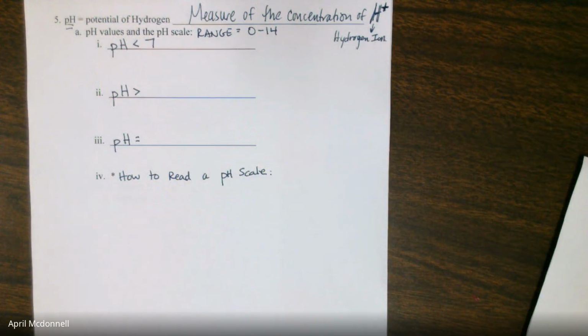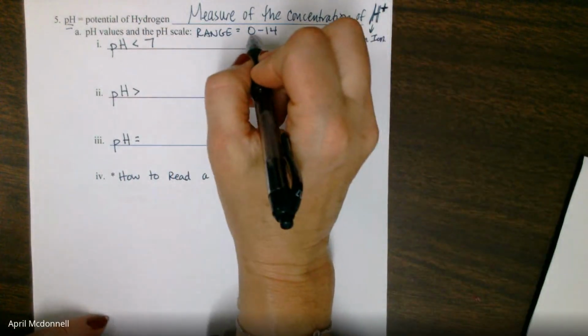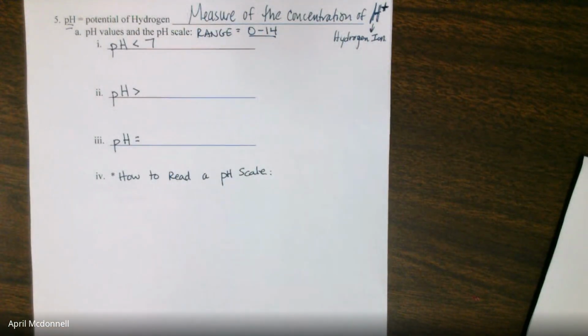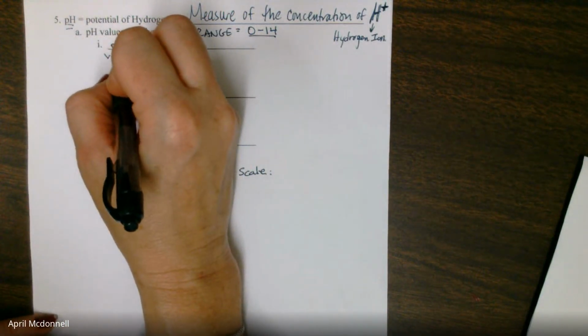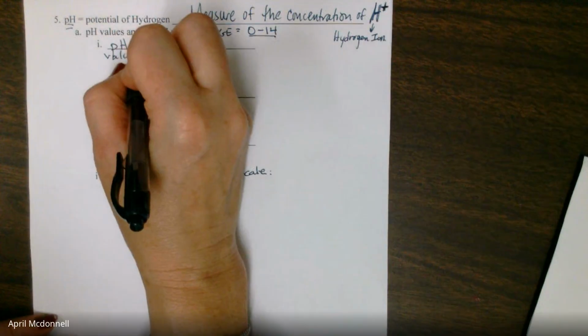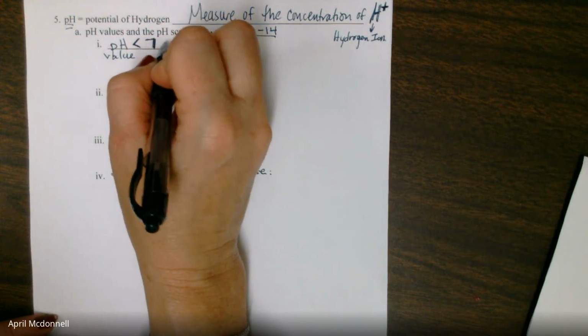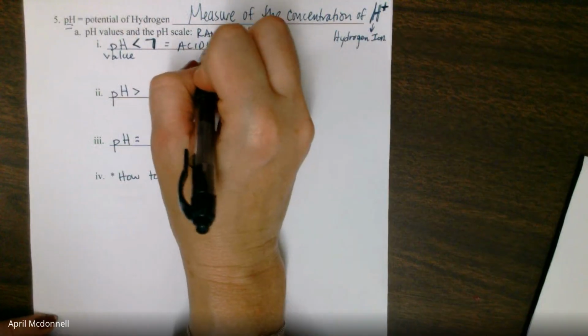We use the pH scale to measure the amount or concentration of hydrogen ions in fluids. The pH scale ranges from 0 to 14. So take a minute and please write this down. A pH value less than 7 is going to be acidic.